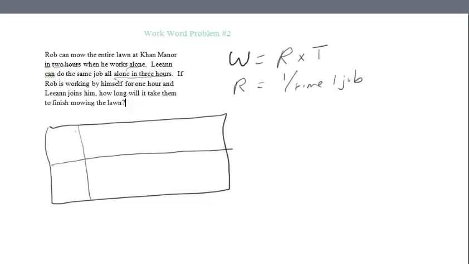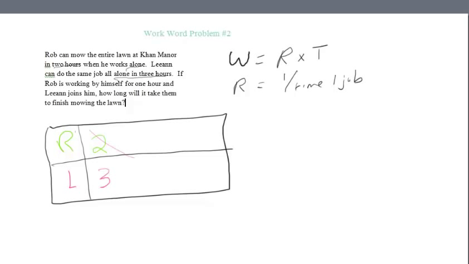So this is going to make a little adjustment in what we're going to do here. Okay, so first of all, we have Rob. Rob can do the job in 2 hours, where Leanne can do the job in 3 hours.